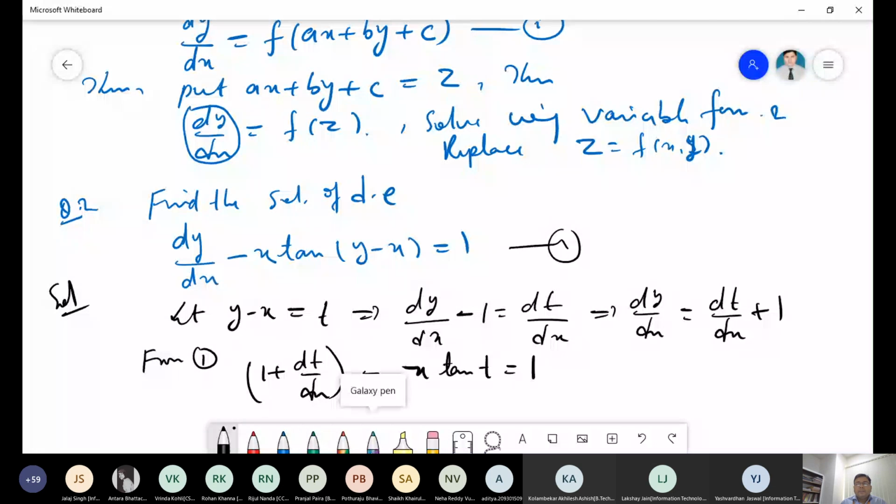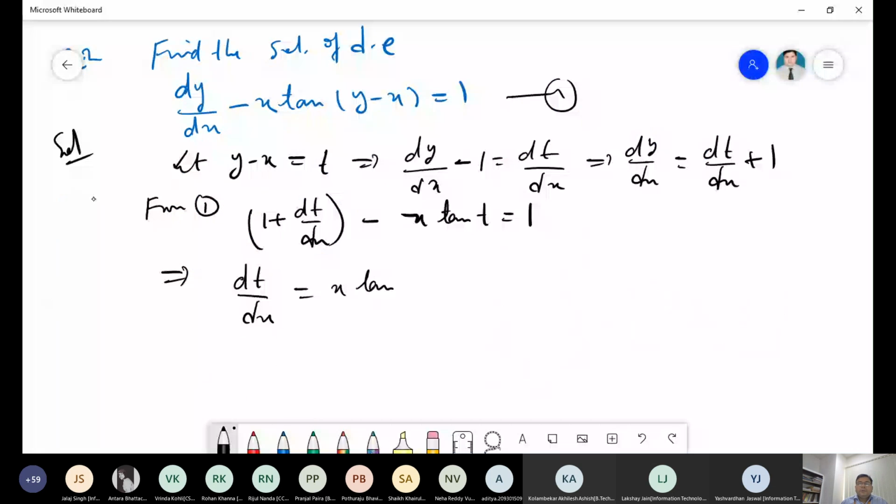Now the 1 will cancel, so dt by dx is equal to x tan t, or dt upon tan t equal to x into dx, or cot t dt equal to x dx.